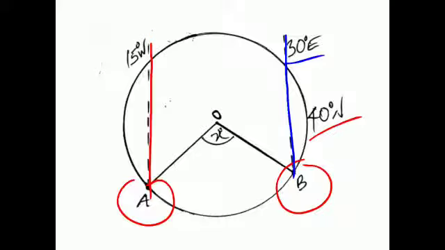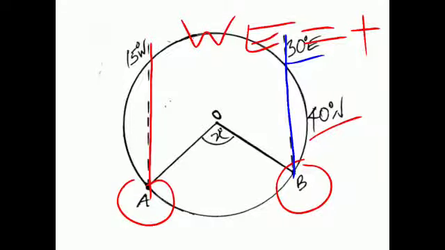Because B is lying on 30 degrees east and A is lying on 15 degrees west. Two different, opposite directions, we add. Remember, west, east, we add.